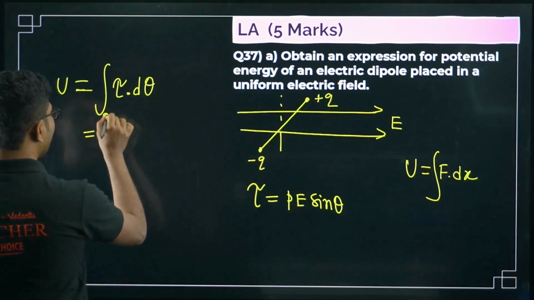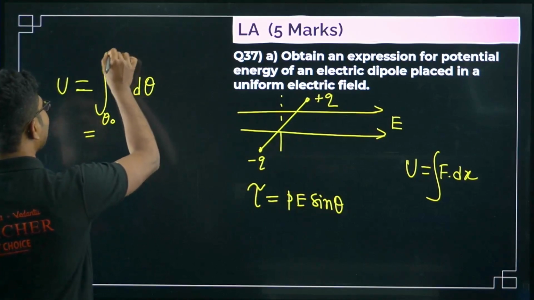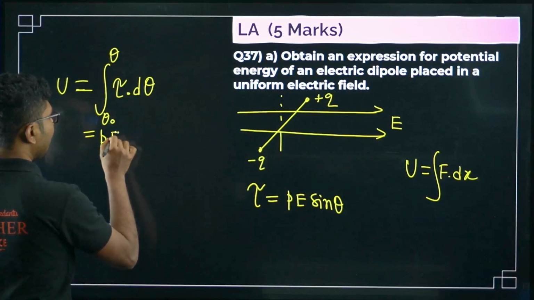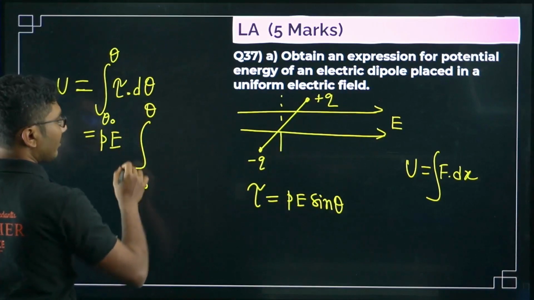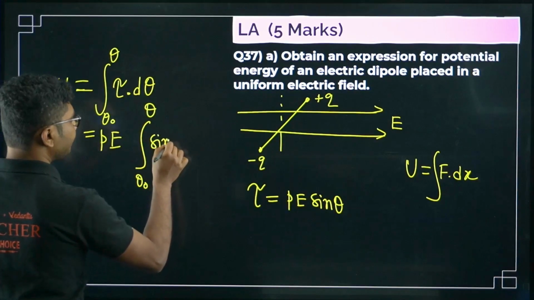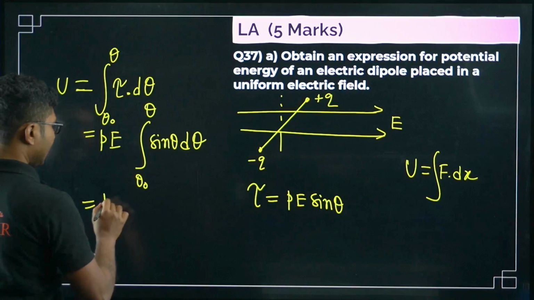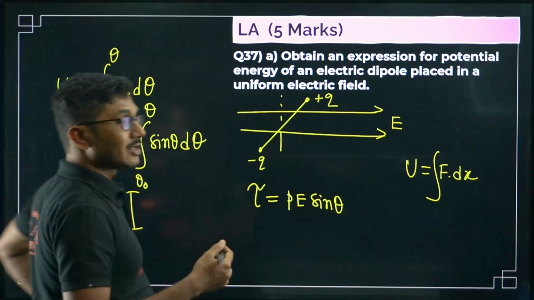Now you have to say initial angle is theta naught, final angle is theta. Okay, so the potential energy will be pE common, integration from theta naught to theta of sin theta d theta. So it will be pE. What is the integration of sin theta?